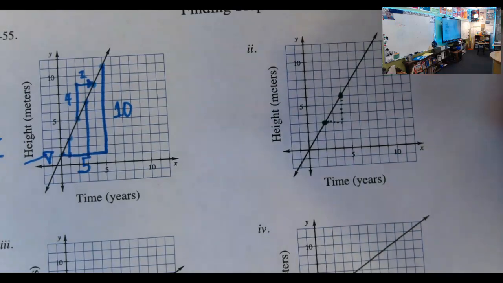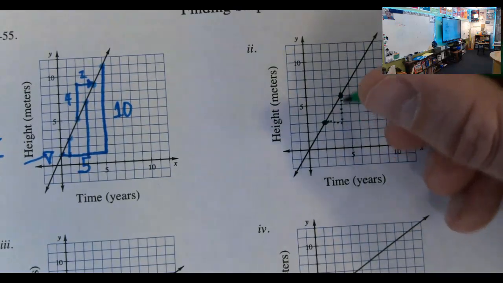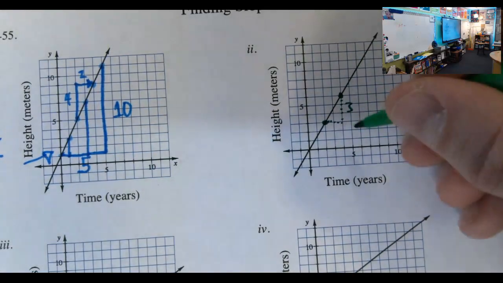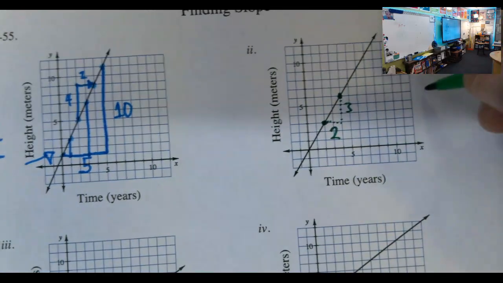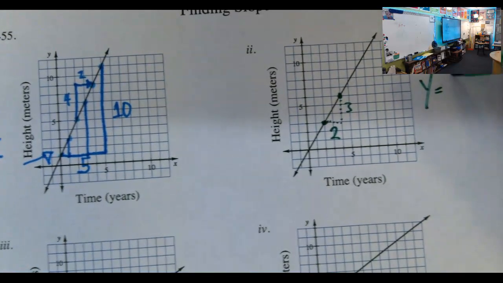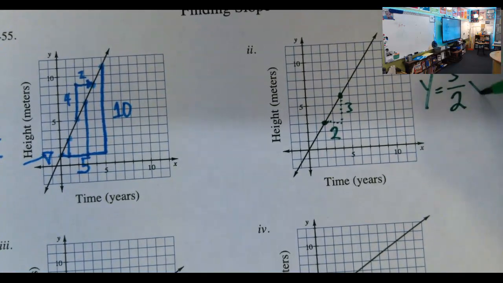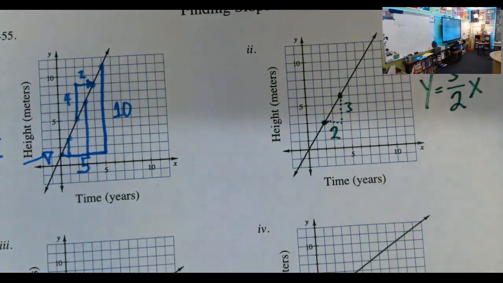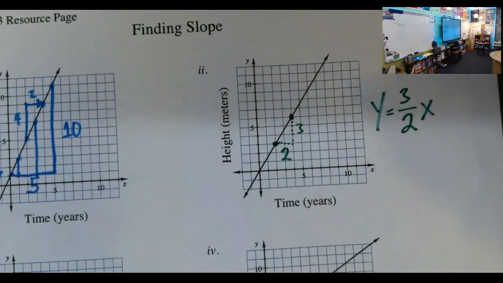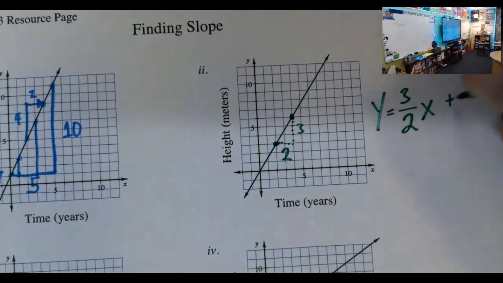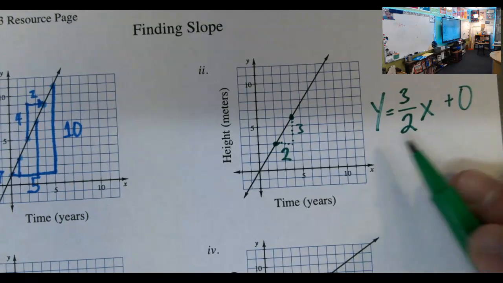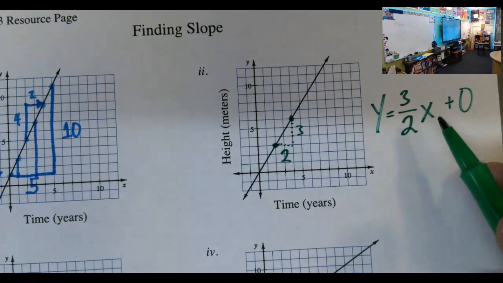So then if I draw my slope triangle, I have a delta y of 3, delta x of 2, so y equals 3 halves, careful, 1 and 1/2. Or you could just leave it as 3 halves. What's your y-intercept? Do I need this plus 0? Nope. You could just write y equals 3 halves x.